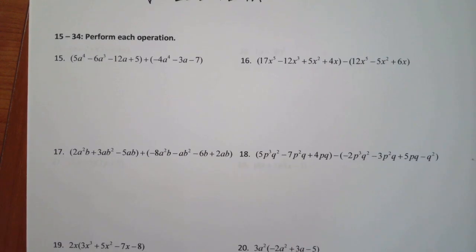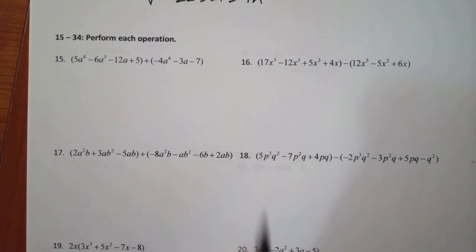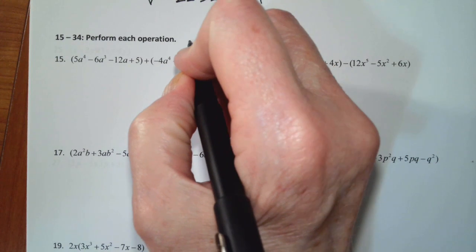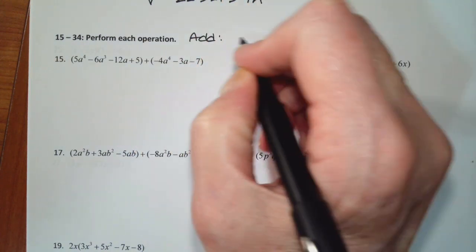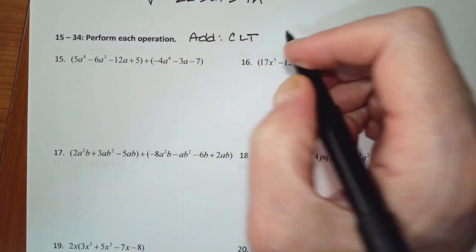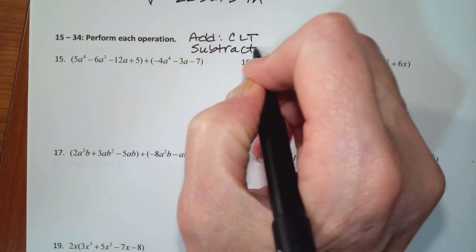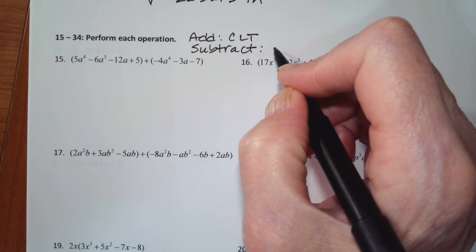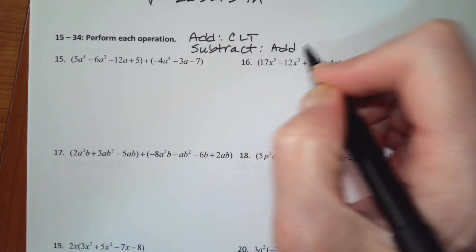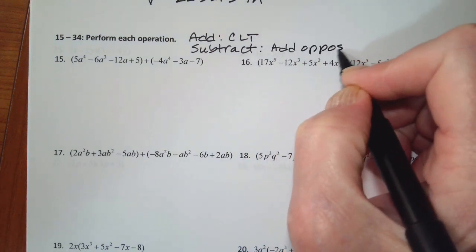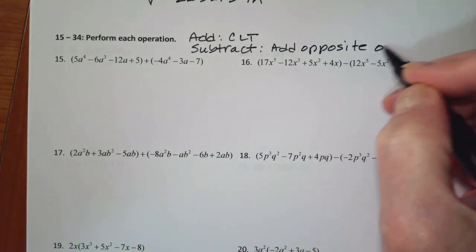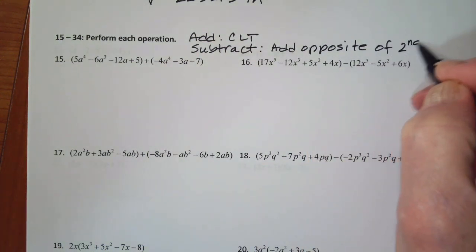Okay, if I want to perform each operation, if I am adding, I just combine like terms. Subtract, add the opposite of the second polynomial.